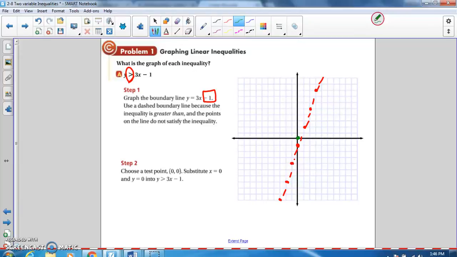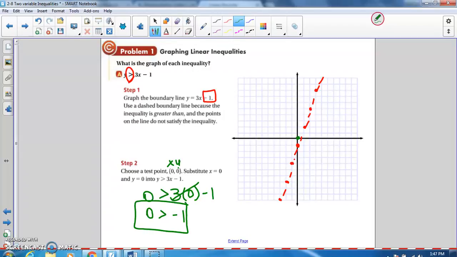And we are going to plug it into our inequality, y is greater than 3x minus 1. We're going to substitute x with 0 and y with 0 because our test point is (0, 0). So, is 0 greater than 3 times 0 minus 1? 0 is greater than 0 minus 1, which is -1.